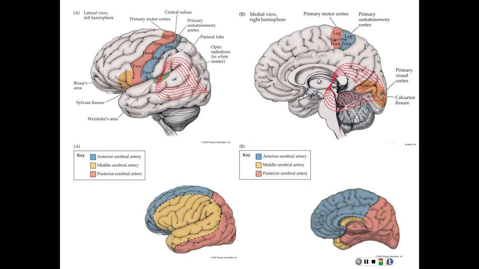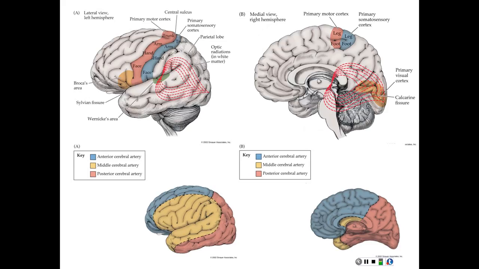So there are our three major primary cortices: motor, somatosensory motor, with our homunculus superimposed on it. We have our primary auditory cortex here on the superior portion of the temporal lobe, and then back here our primary visual cortex in the occipital lobe on either side of that calcarine fissure.